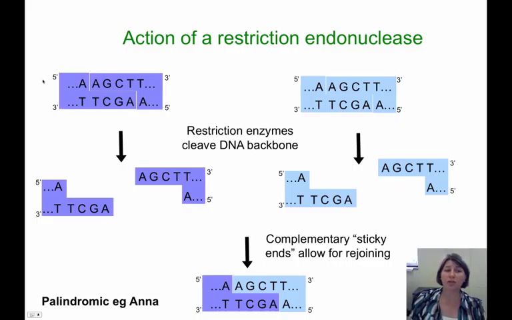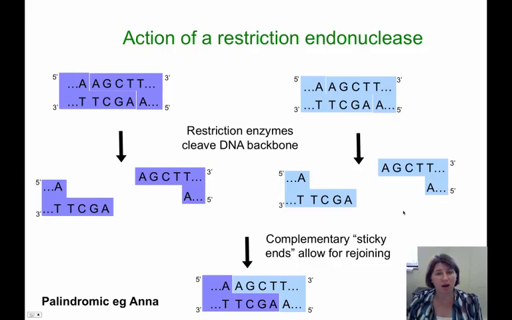So if we're able to do this in this dark blue piece of DNA, and then in this light blue piece of DNA, which has a similar sequence in it, we also digest that with the restriction enzyme HinD3, we will end up with similar sticky ends. Now we call these sticky ends because if you remember, A and T will pair, C and G will pair, G and C will pair, and T and A will pair.